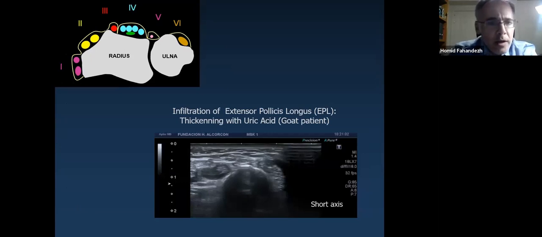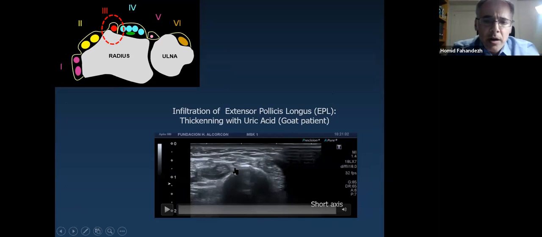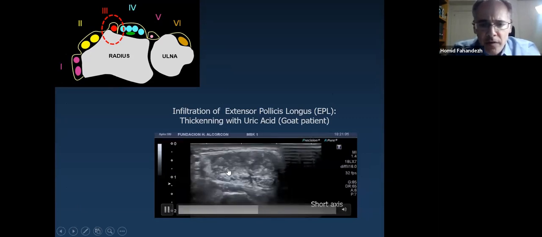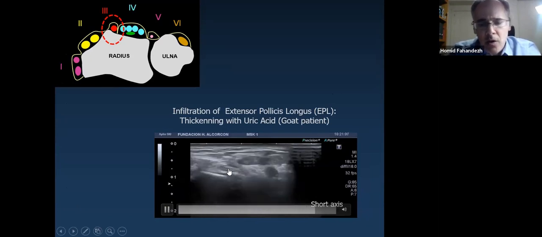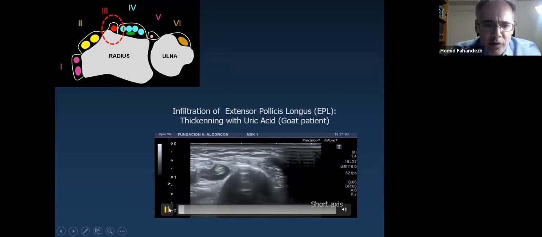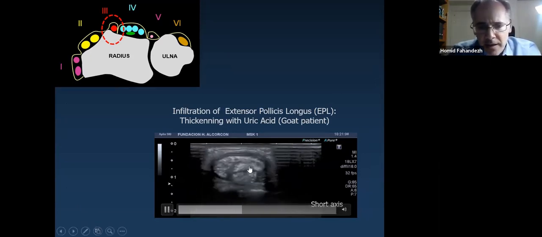When we go to the third compartment, you can see many diseases. One of them is the infiltration of the tendons. This situation happens in patients with gout, and here we are going to see one situation where the tendon is normal distally, but then when the tendon of the EPL is crossing over the second compartment, you can see how infiltrated and thickened the EPL is.